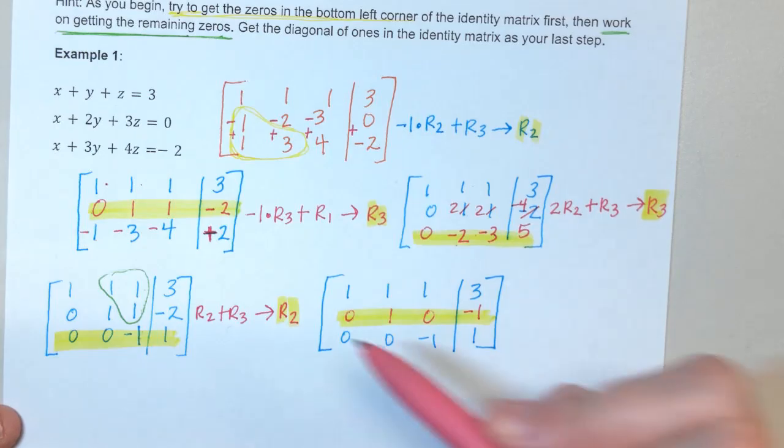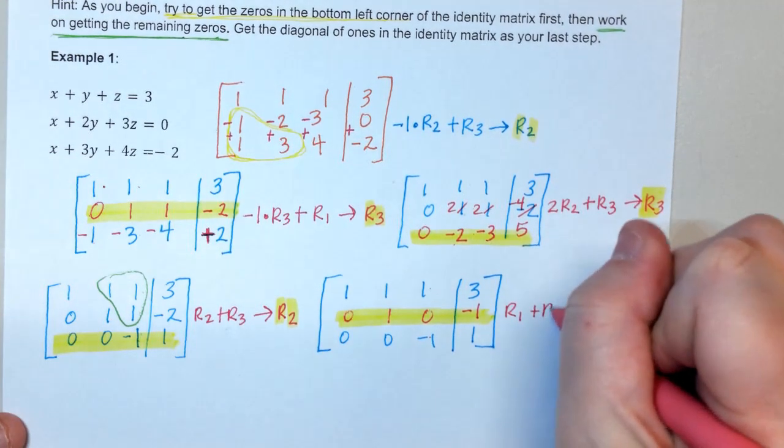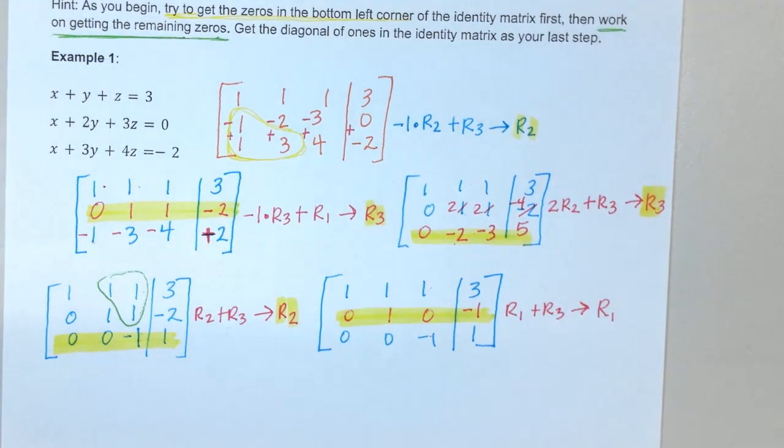And then we said we're going to do the same thing with row 1 and row 3. And we're going to write our answer in row 1.